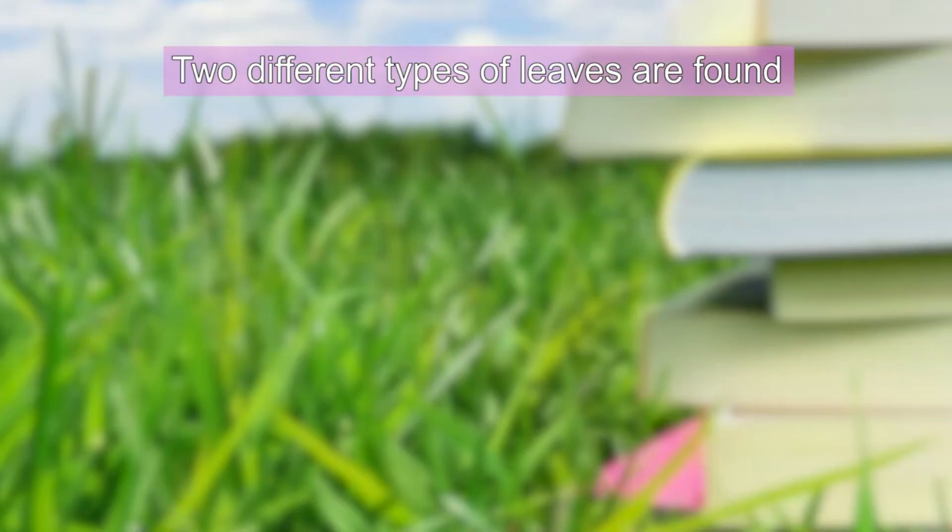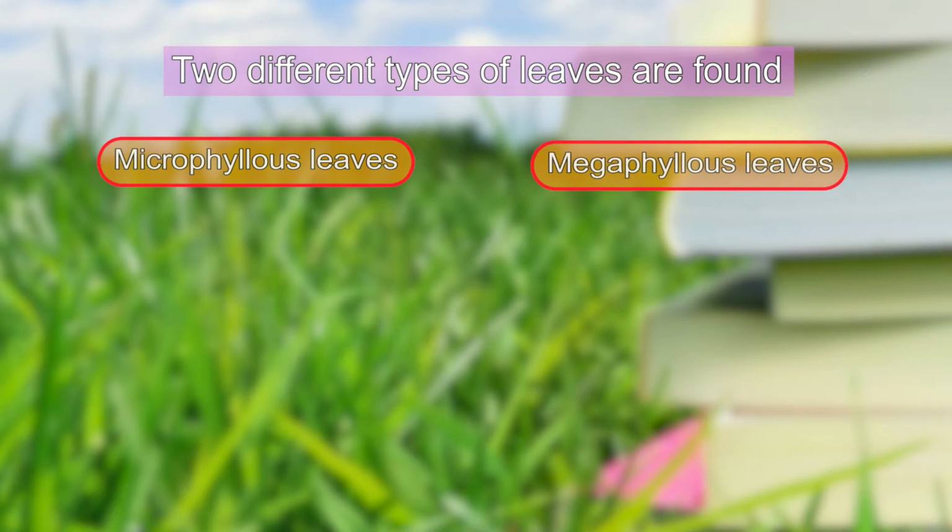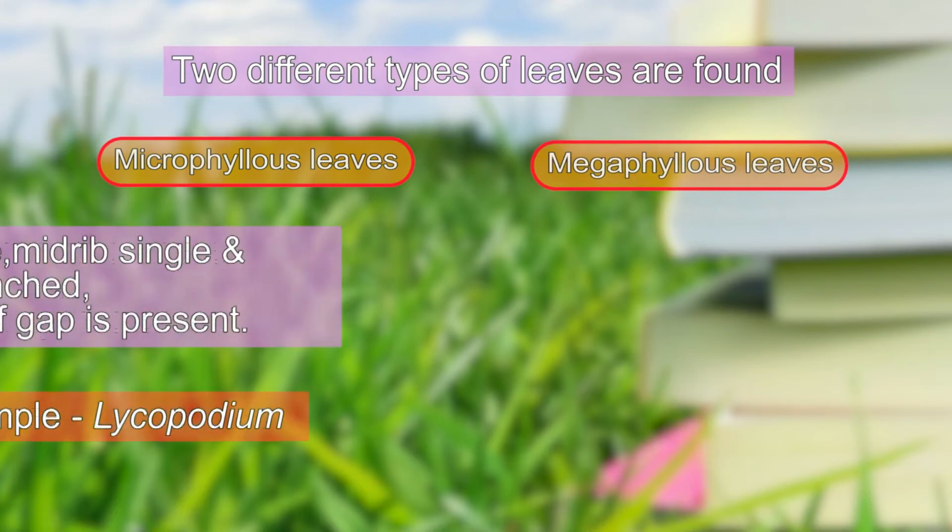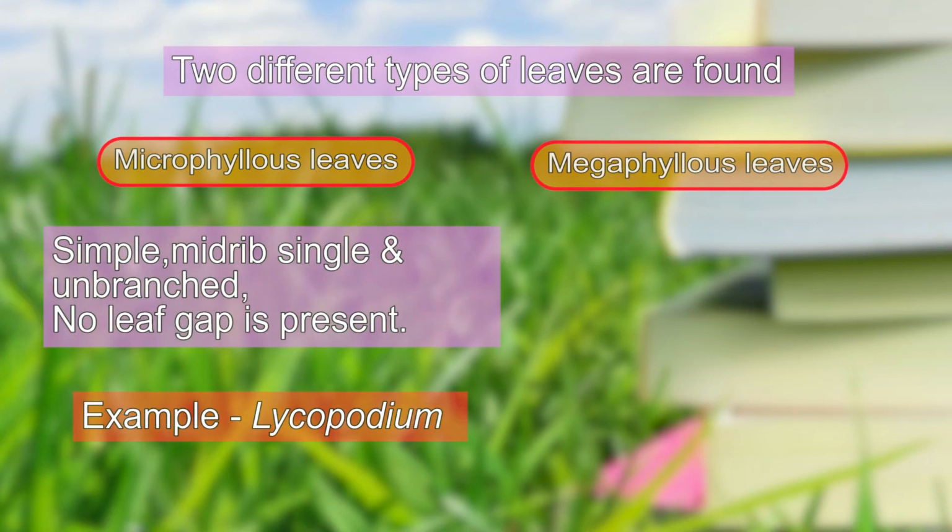Firstly, talking about leaves, in pteridophytes we get two different types of leaves. One, the microphyllous leaves, and the second, the megaphyllous leaves. The microphyllous leaves are simple, the midrib is single and unbranched, and no leaf gap is present. For example, the leaves seen in Lycopodium.